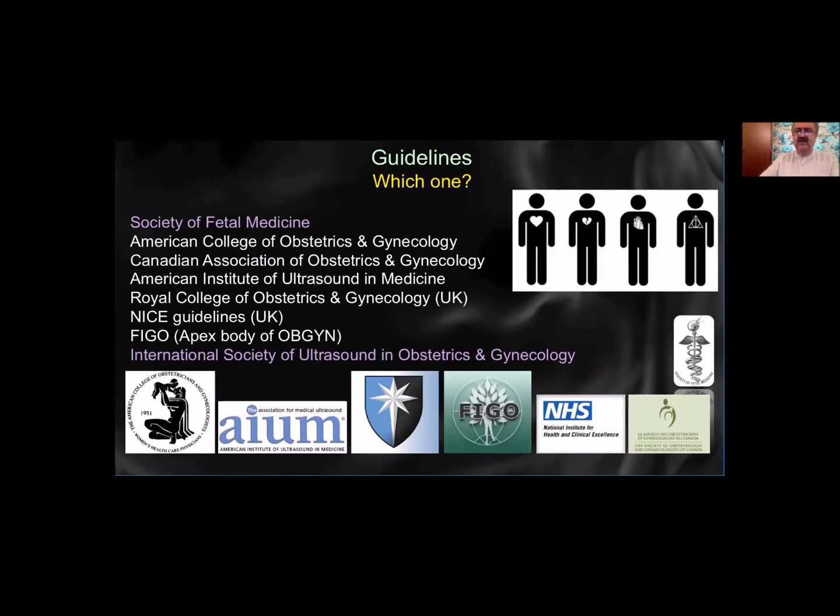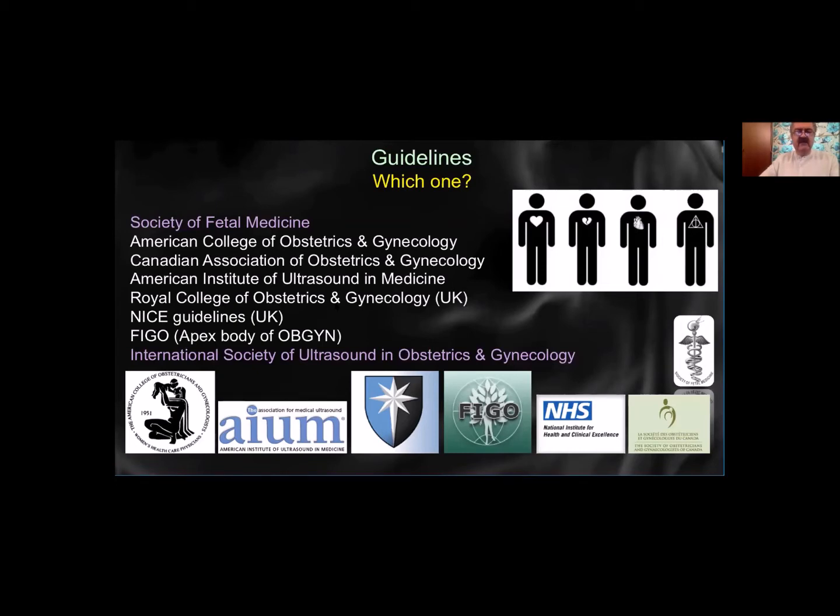Now, when I look at all the protocols, I do understand that there are many protocols available, and we should be using those. But the fact is that you and I have to choose which would be an ideal protocol. If we go by the ones from the Royal College, they do fall short of a very detailed anomaly scan.